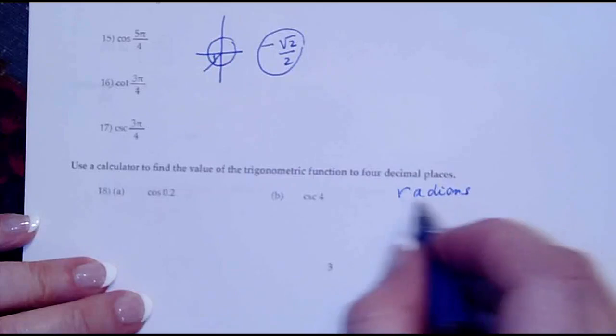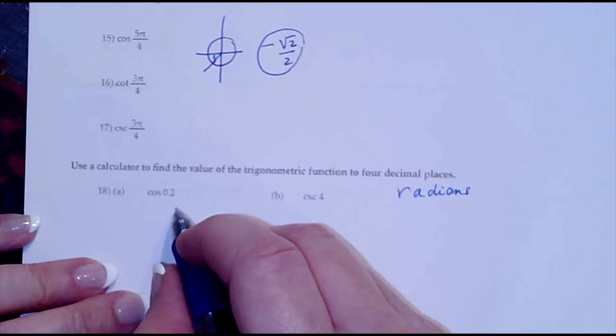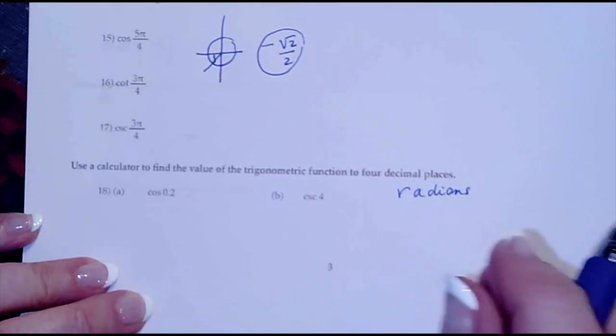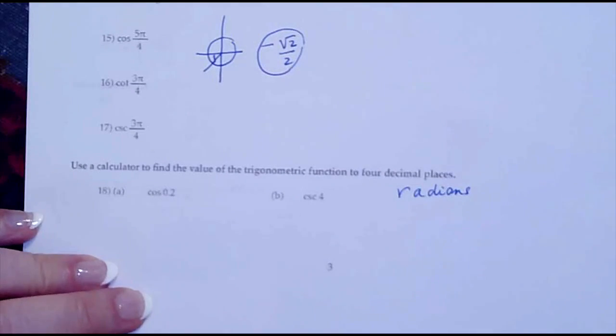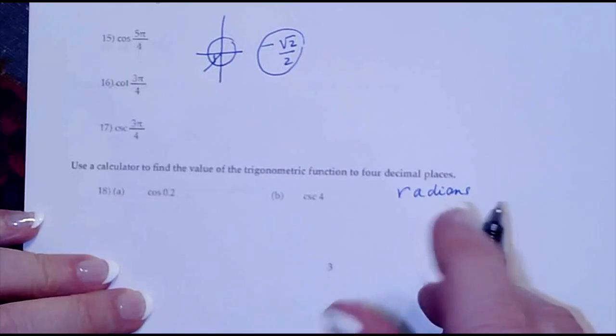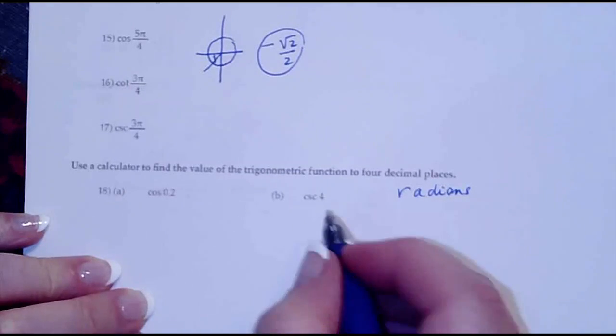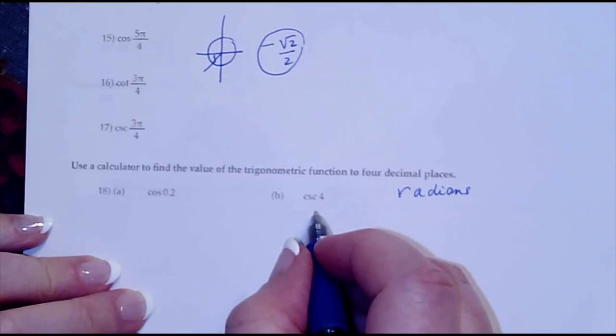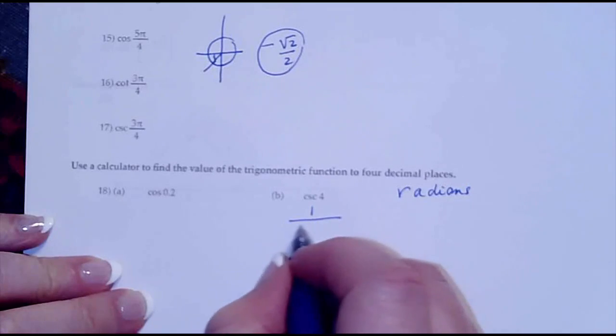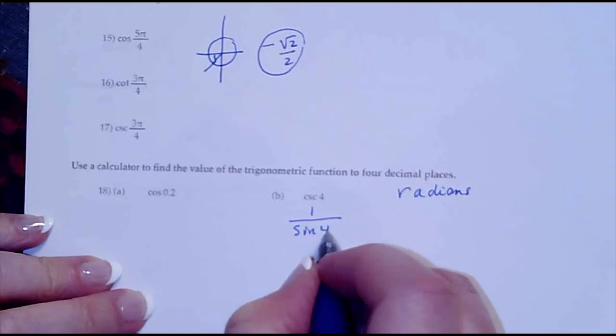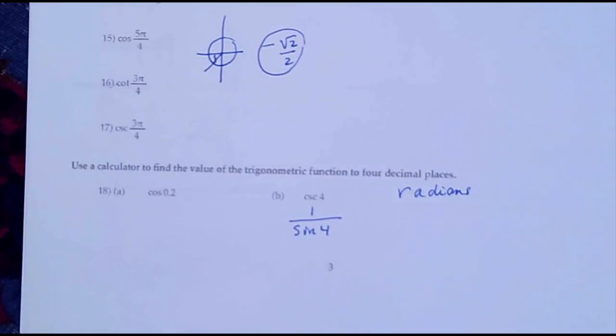The other thing is cosine is on your calculator, so that's easy enough for you to do. But the cosecant is not on there, right? So for the cosecant, we're going to change that to 1 over the sine of 4, and then put that in your calculator.